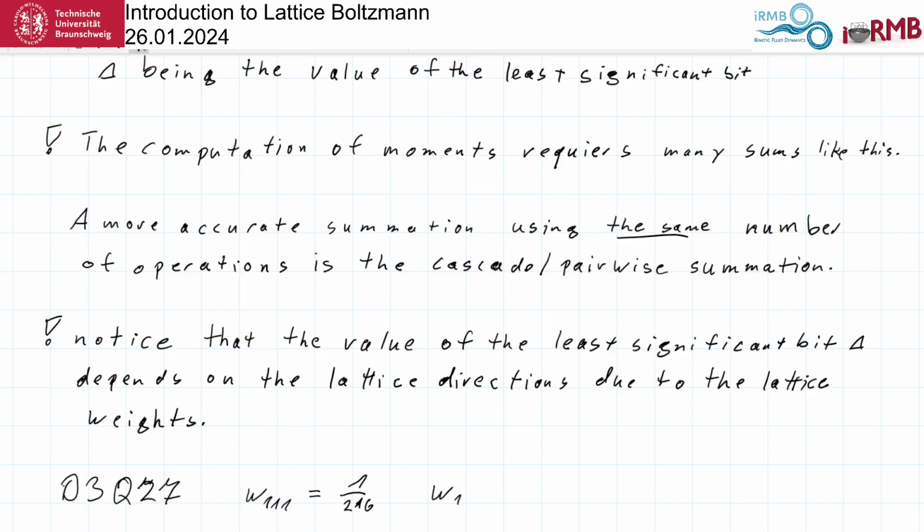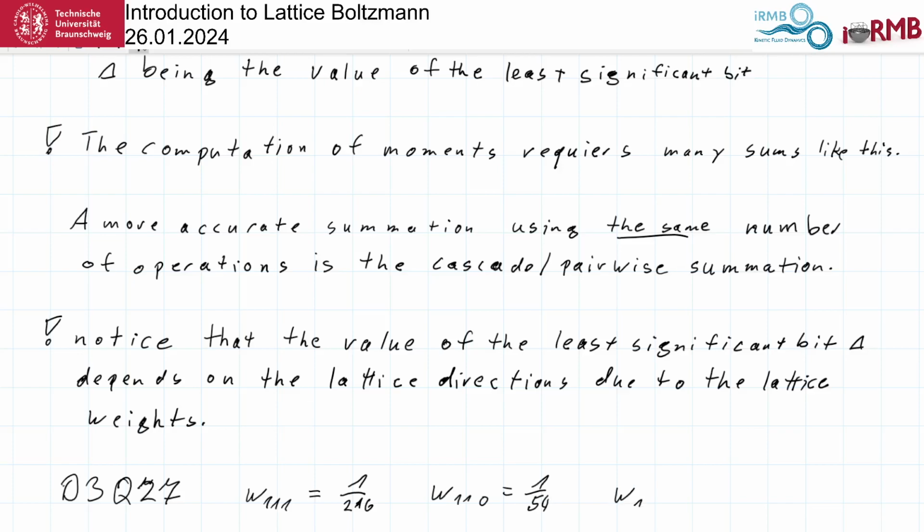The W101 is 1 over 54. So you see that between these two there are roughly 4 bits lost. And you always have to use the least significant bit of the largest number you are dealing with. So summing these two up, there are already 4 bits lost. Okay? For the one going in the other direction.